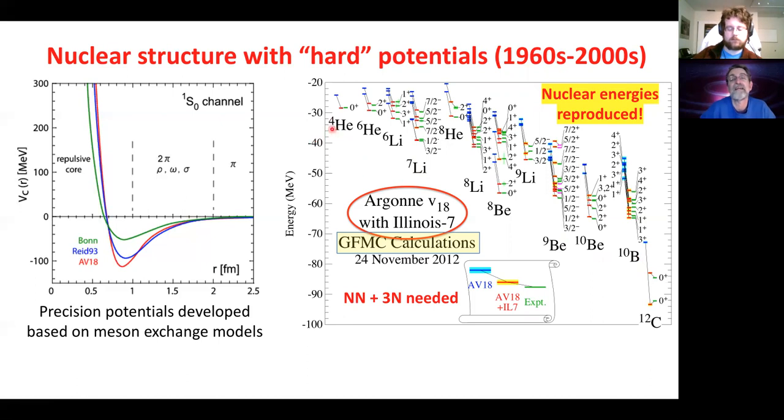So these are total, this is 2 protons and 2 neutrons in helium-4, up to 6 protons and 6 neutrons in carbon-12. And the key observation is, here's the theory, these yellow-red lines. Green is experiment. And given just this input here, they were able to reproduce all of those. So it was really the first time that it was clear that this picture really could generate nuclei, at least up to carbon.